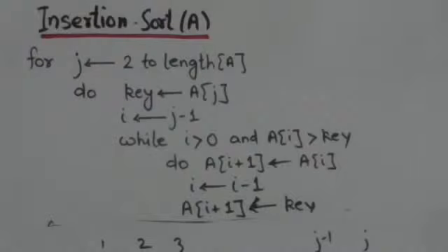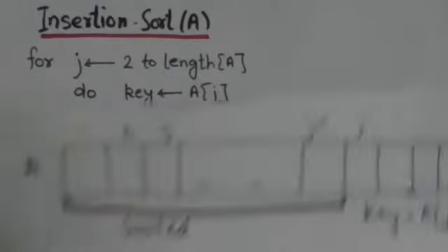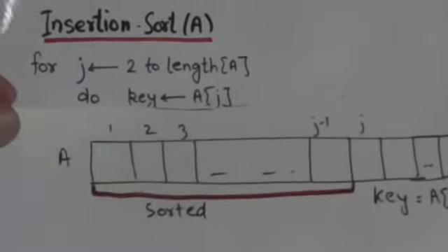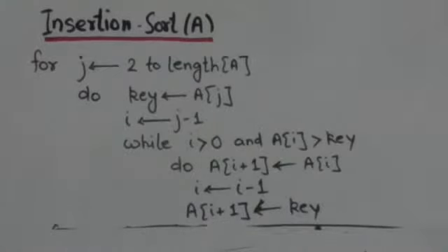Now let us see the algorithm of insertion sort for sorting the elements of array A in increasing order. Here we have assumed that the lowest index of array A is 1. First of all, a for loop is started.